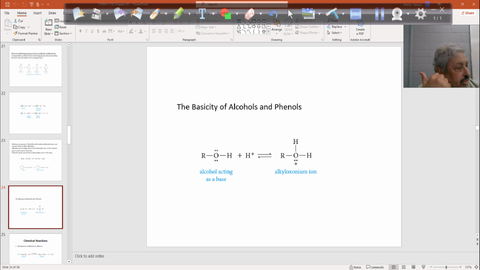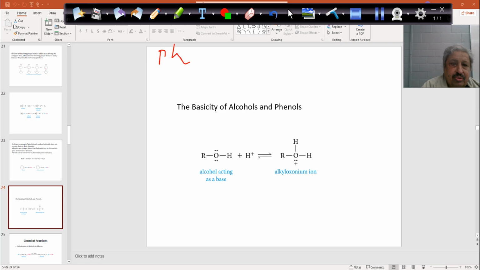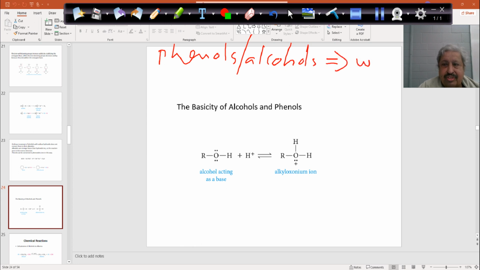What I showed you is that phenols and alcohols can act as an acid. However, sometimes alcohols and phenols can act as a base. We said phenols and alcohols were acting as weak acids, correct?